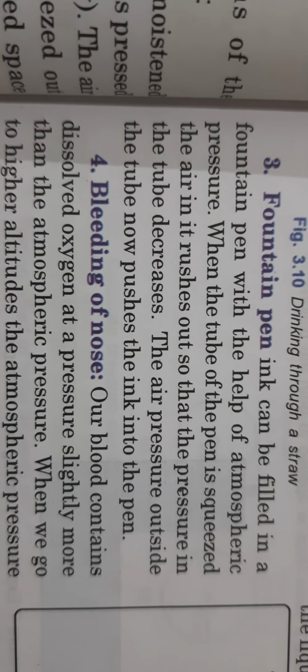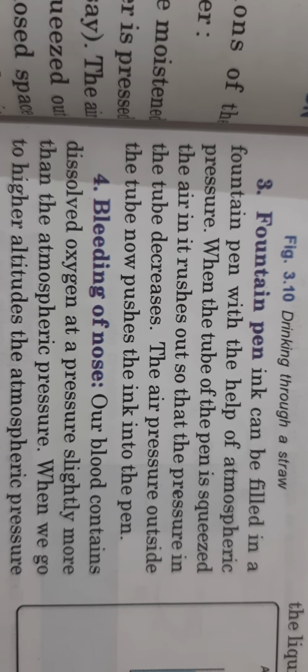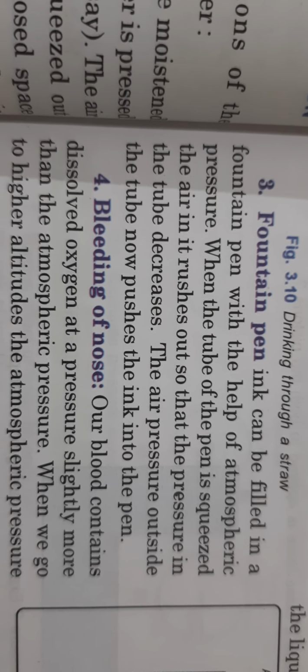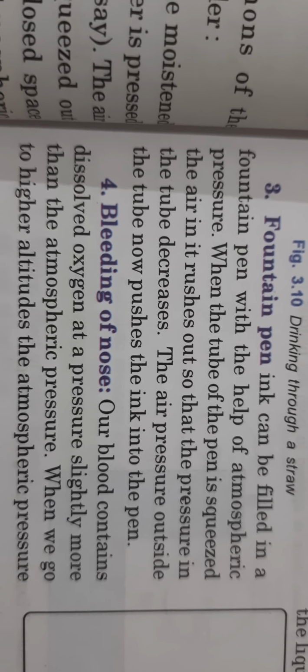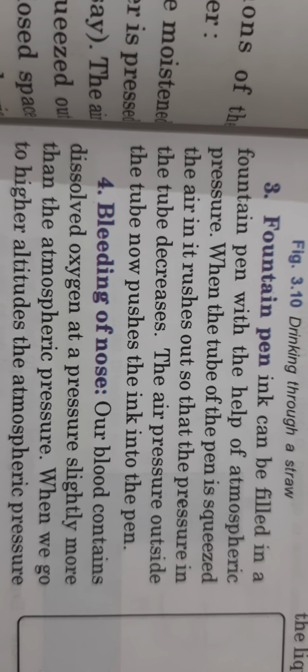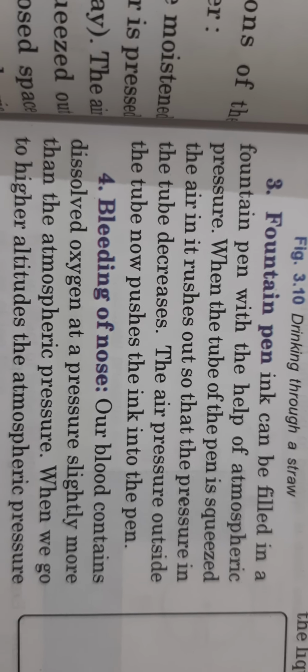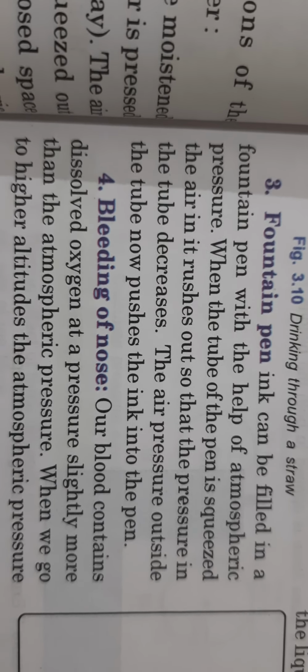So the veins of the nose remain exposed, and from there the veins puncture and the blood flows. Not for all of us, but for some of us, when you take a car from the plane and ride upward through a hill station, some people feel giddy, some people have a bleeding nose.